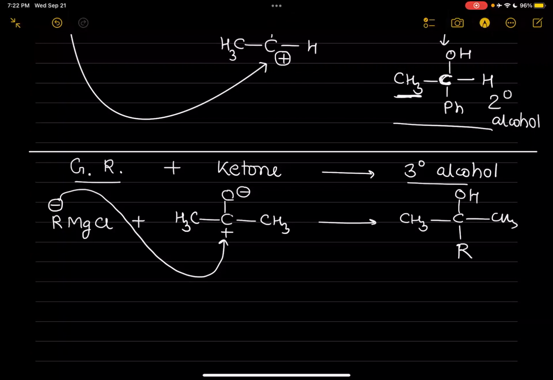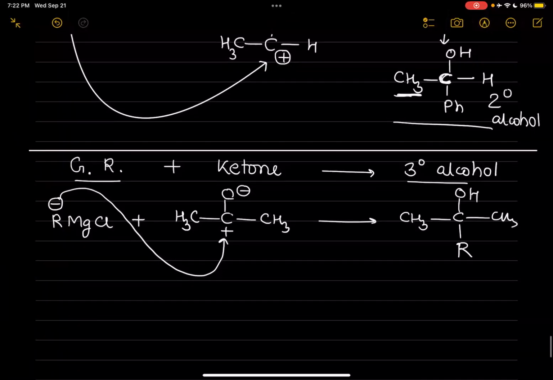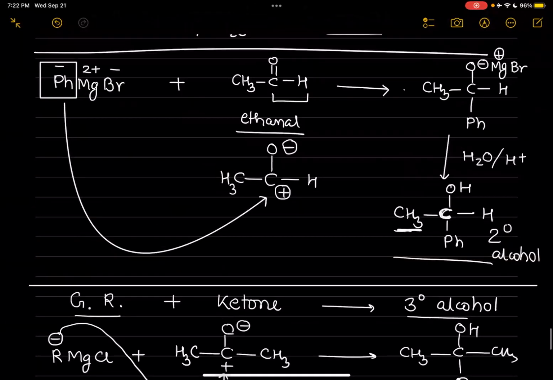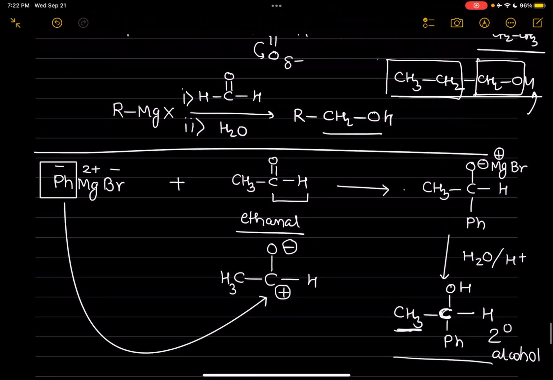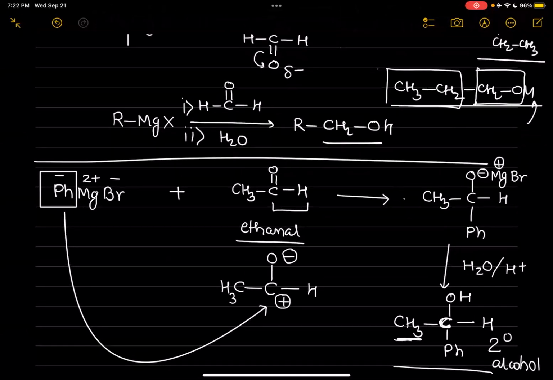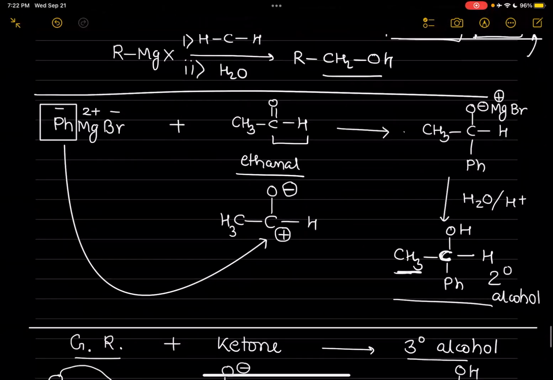Actually, you need to do H plus, H2O also, which I have not written. First you react with Grignard, you get O minus, and then you react with water. With that, you get the OH.